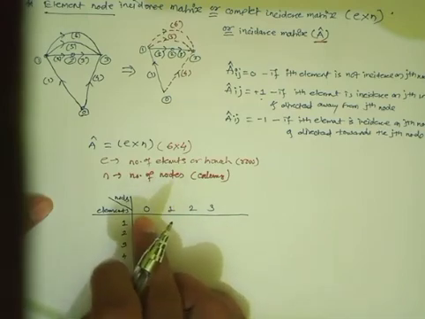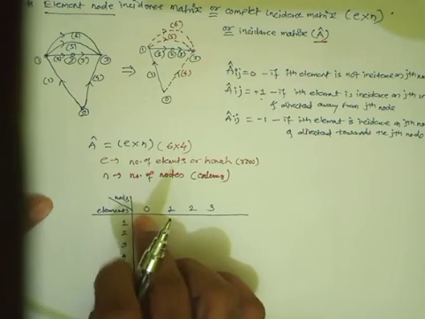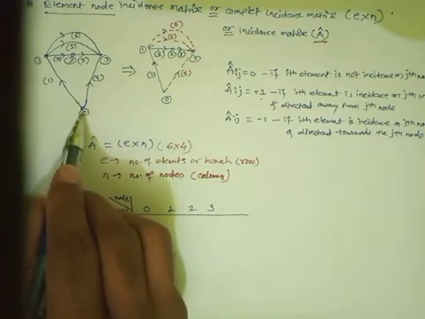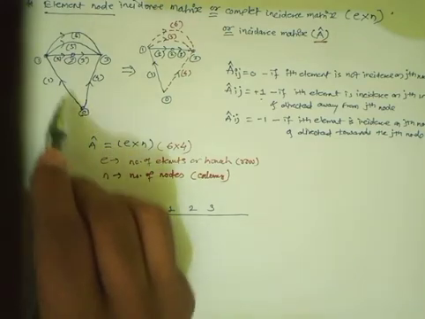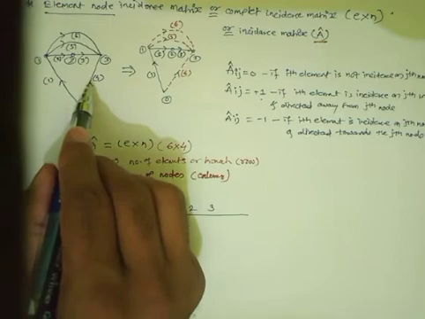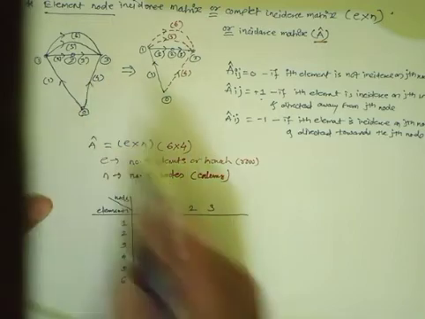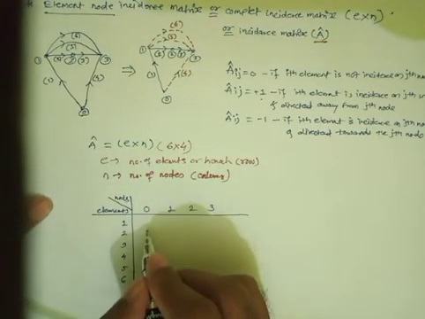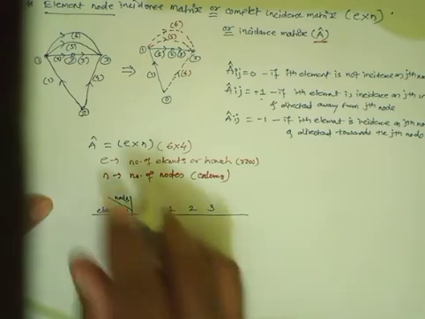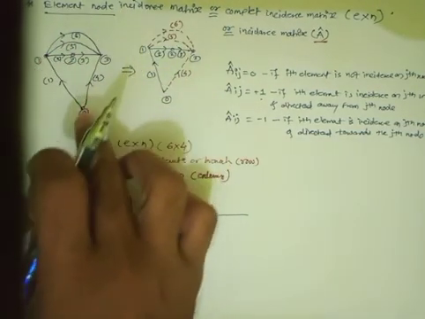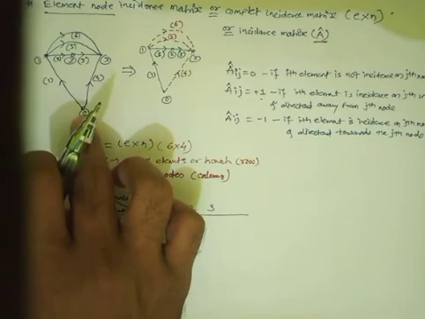The first column is node 0, that is the reference node. Which branches are associated or connected to node 0? Here you can see there is branch number 1 and branch number 4. The other elements will become 0, because the other elements are not incident on this particular jth node.